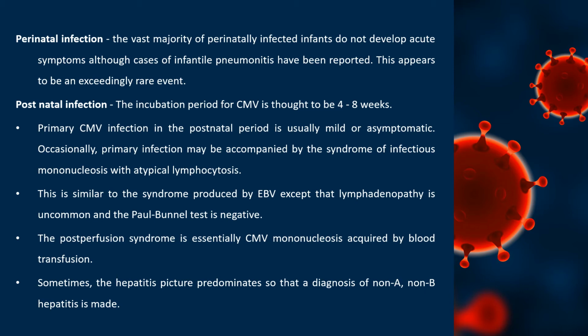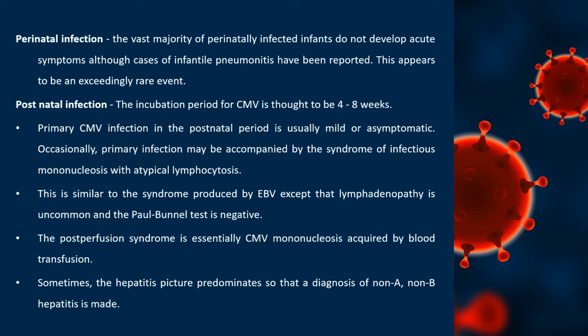Then postnatal infection, the incubation period of this condition is 4 to 8 weeks. Primary CMV infection in the postnatal period is usually mild or asymptomatic. Occasionally this primary infection is accompanied by a syndrome of infectious mononucleosis with atypical lymphocytosis. Infectious mononucleosis means glandular fever.